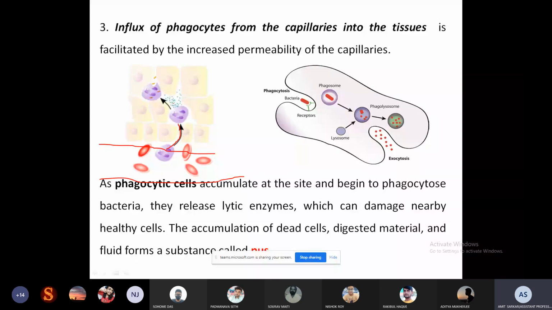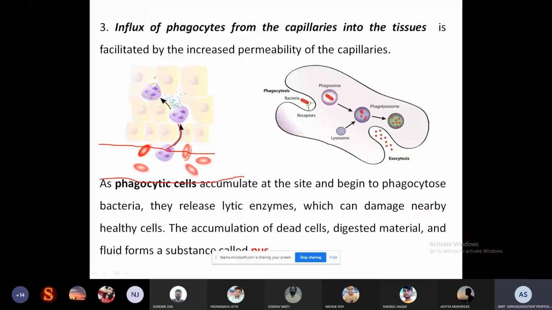As phagocytic cells accumulate at the site, they will ingest, or phagocytose, those bacteria. Also, they will release different types of enzymes. In very general or layman's terms, you can think a fierce battle or war will go on. Lots of macrophages will try to kill those bacteria, and bacteria will try to move away from that place. So what will happen?